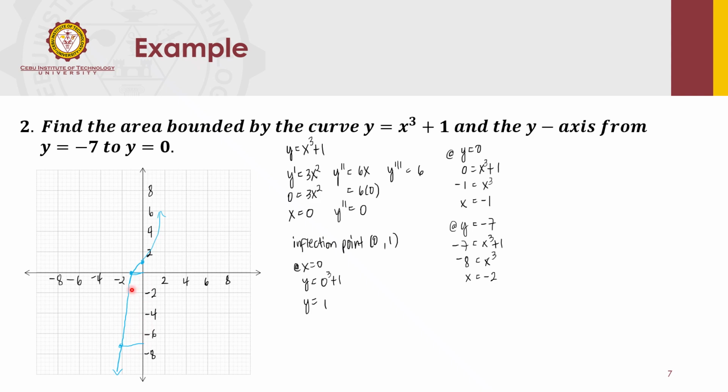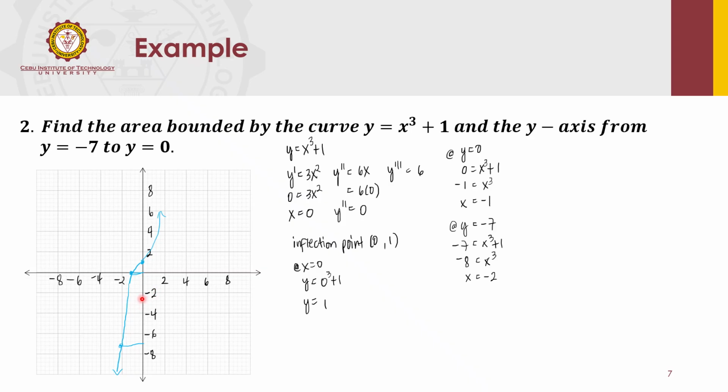Since there's already a hint that we're going to use y values for the limits, that indicates we're going to use a horizontal strip and not a vertical one. There are cases wherein you can do both, but make sure to use the more convenient one, wherein you will have a shorter solution.